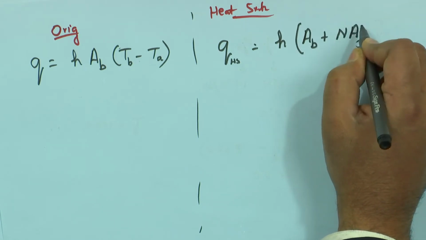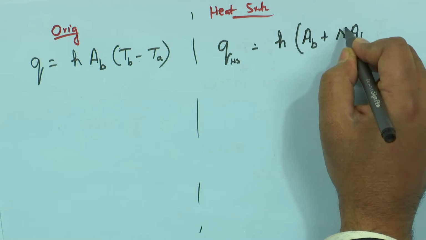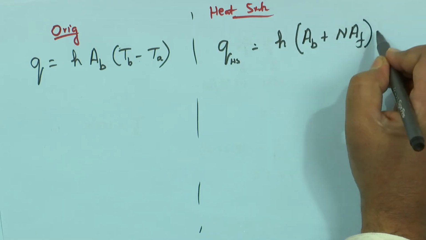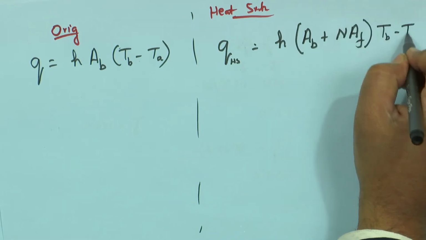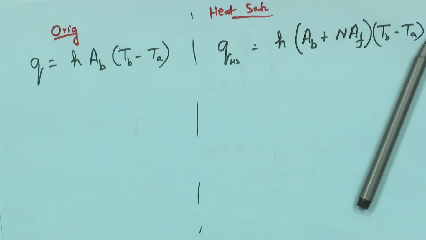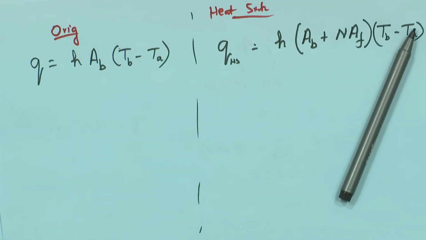If the area of one fin is 1, then n number of fins, times (T b minus T a). Okay.